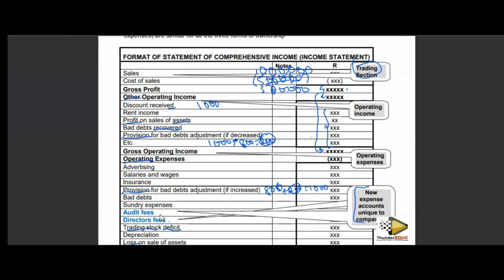Deficit takes place, for example, let's say in our stock we expected to have stock to the value of 10,000, okay? Then when we go to do the physical stock taking, what do I mean here? I'm sure you have seen some businesses, sometimes they say, no, we are closing for today, or for 2 or 3 days, we are doing stock taking.